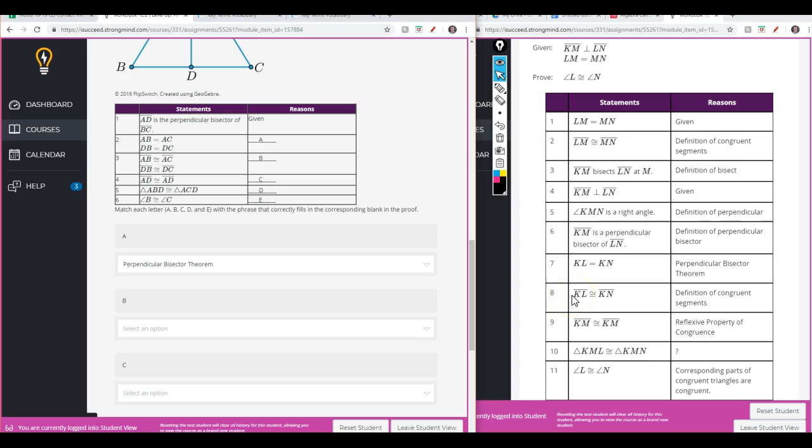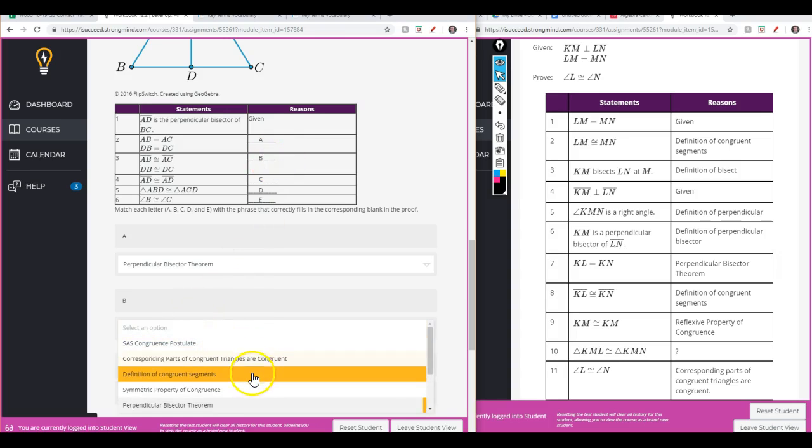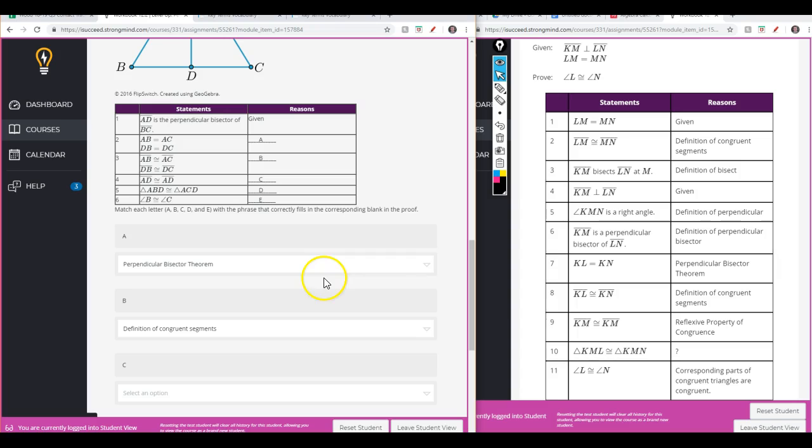Again, right here we have segment KL is congruent to segment KN, which follows very similarly from our steps. The distance of AB is equal to the distance of AC. So we have very similar steps right here, and this is the definition of congruent segments.